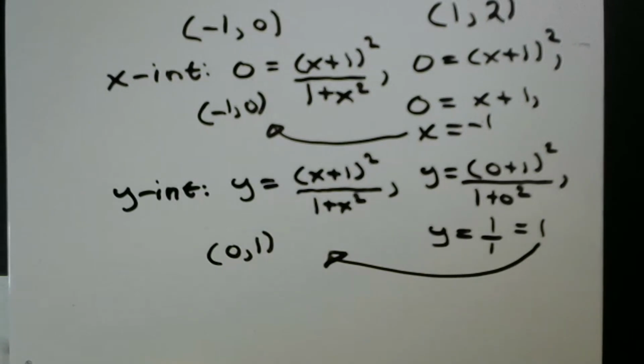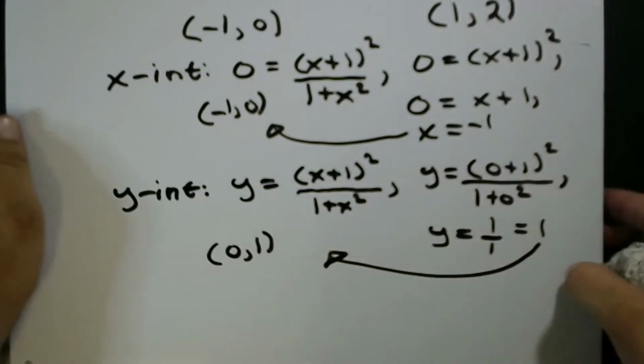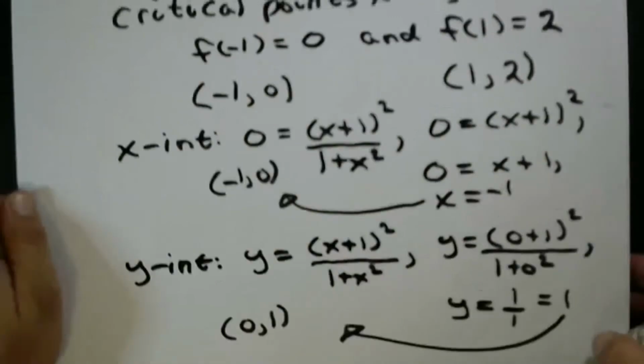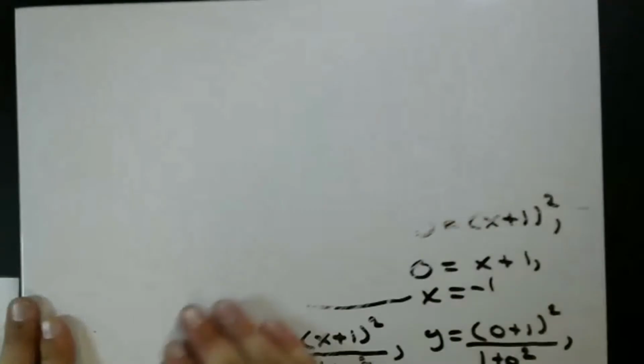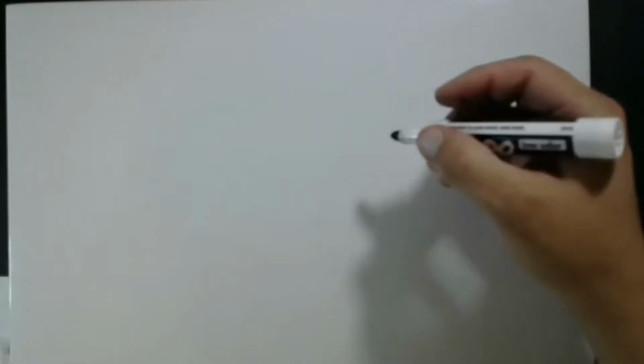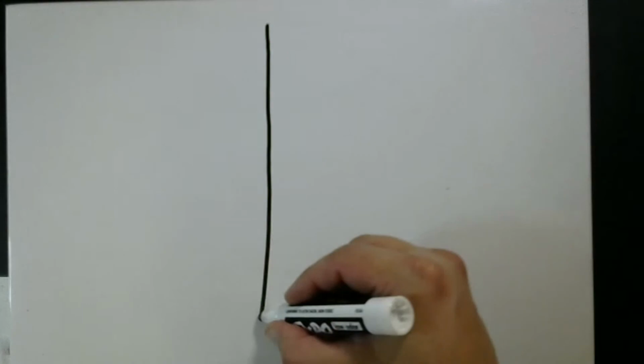So finally, we're going to try to draw this thing. We have a whole bunch of data. We know about its concavity, where it's concave up, concave down. We know where it transitions in concavity. We know where we have critical points that have local maxima, local minima. We know intercepts. We have a horizontal asymptote.